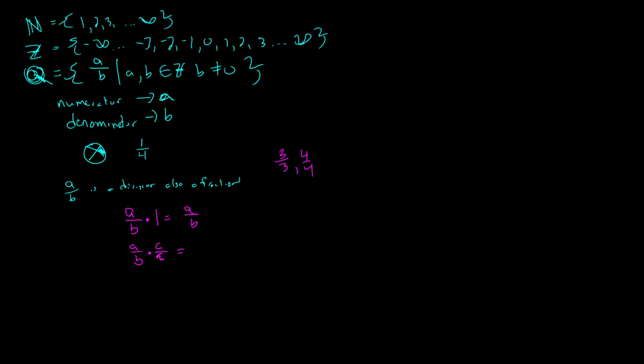So anything divided by itself is 1. So, if I multiply across the top and bottom of my rational number, I get this new rational number, but it's equal to the one I started with.